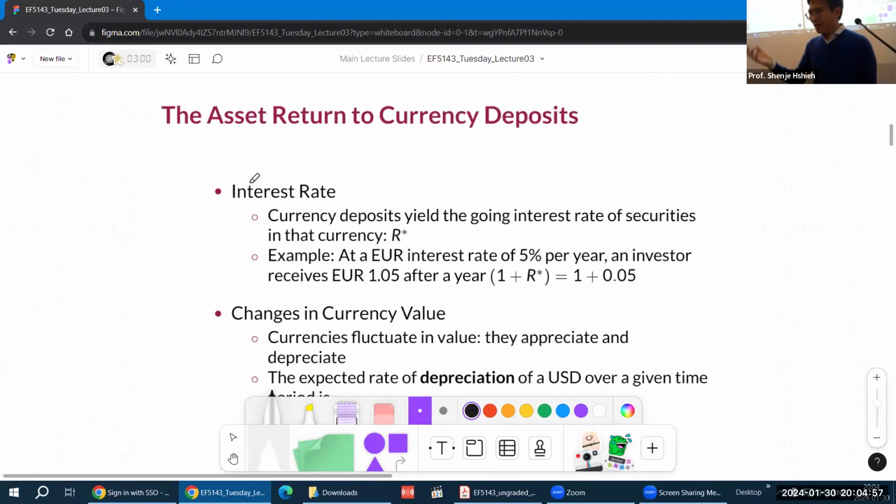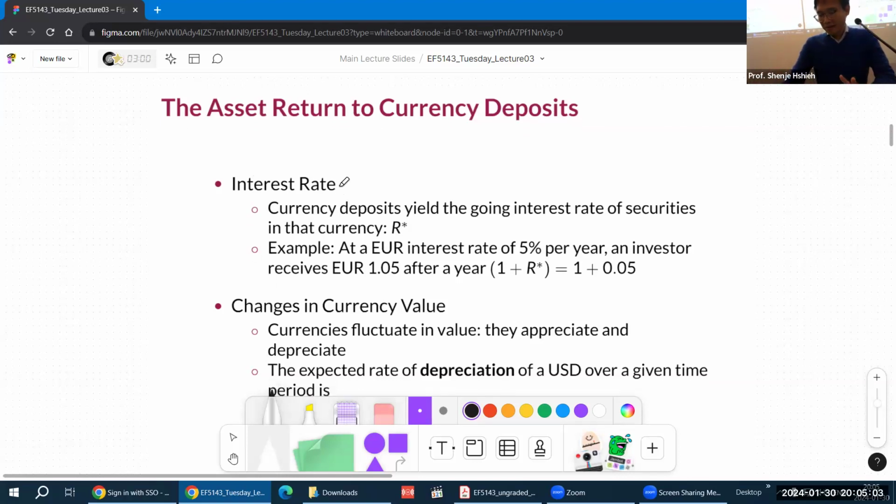Let me walk slowly so that we're not lost. So far we talked about returns, specifically interest rate returns. This should be trivial. Interest returns are deterministic. There's no uncertainty. When you put the money in the bank, we know for sure we will get R or R star.